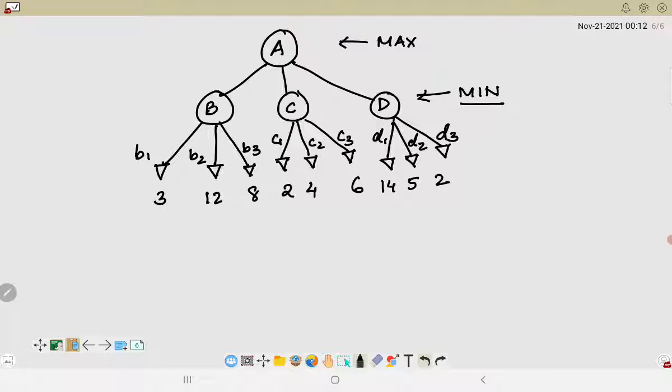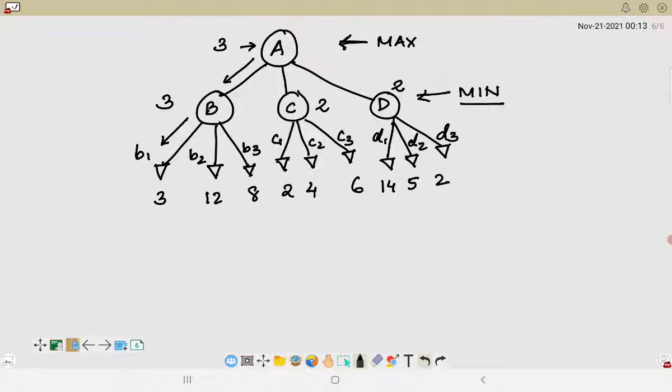The minimum of B would be 3. Then for C, the minimum would be 2, and for D, the minimum would be 2 again. After that max will play its move, and it will consider the maximum possible value, which is 3. So the traversal of the problem would take place in this direction.